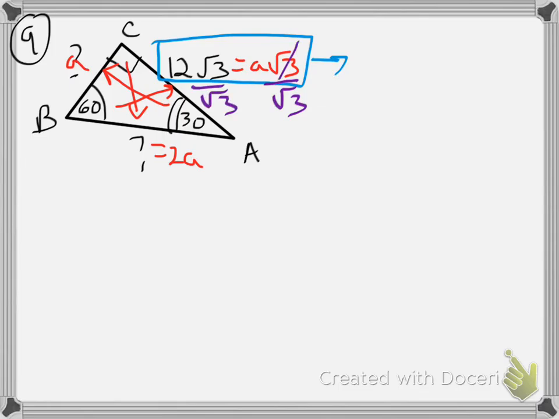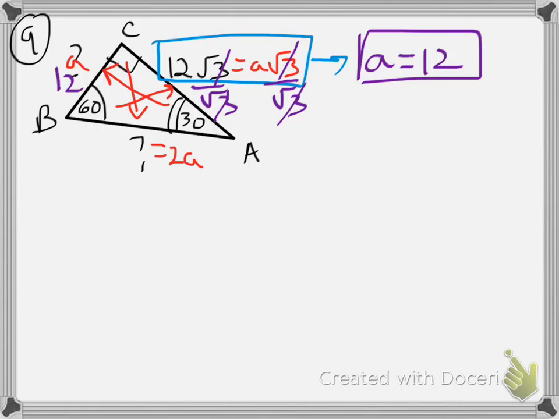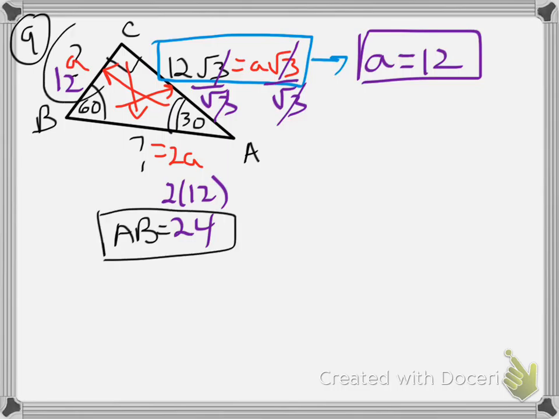And that's kind of convenient because those cancel out, and I'm left with a equals 12. So this is 12. And this is going to be 2 times 12, which is 24. So we now know AB equals 24 and BC equals 12.